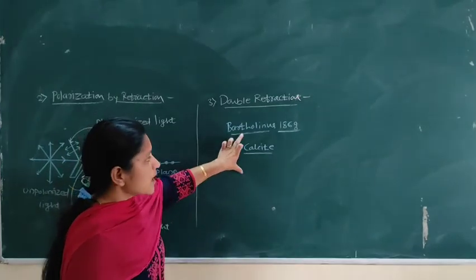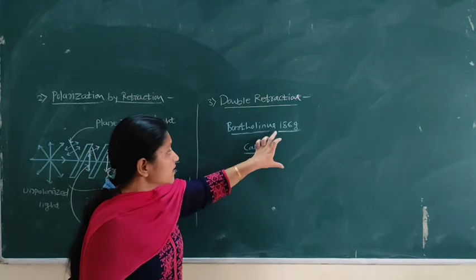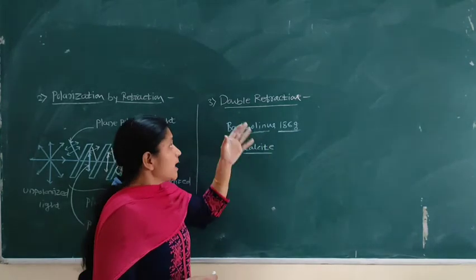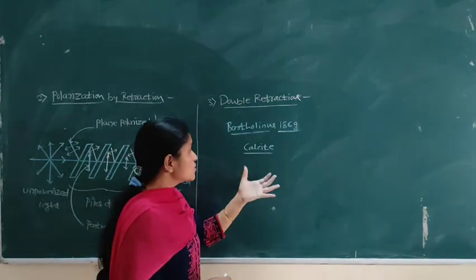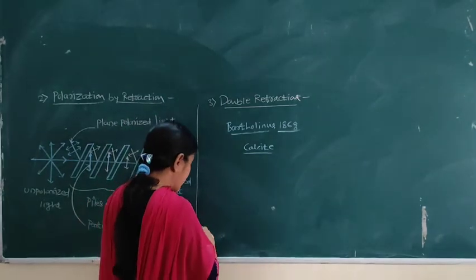Means the scientist Bartholinus discovered double refraction in the year 1869, and in his experiment he used the calcite crystal. Understood? Now I will draw a diagram.